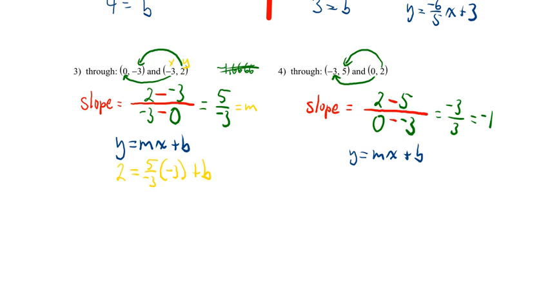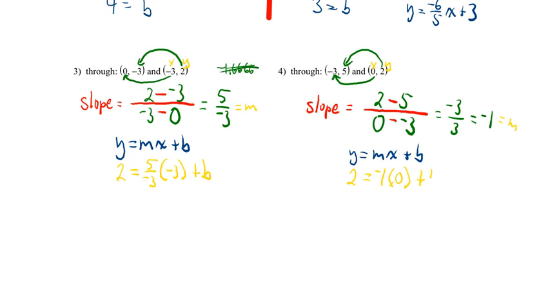And Amir, how about on number 4? Do you want to use the -3 and the 5 or the 0 and the 2? 0 and the 2. Okay. x, y. So 2 is my y. -1. My slope is what the m stands for. x is 0.